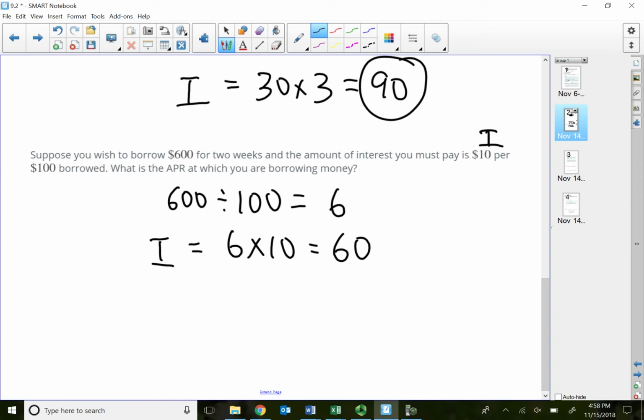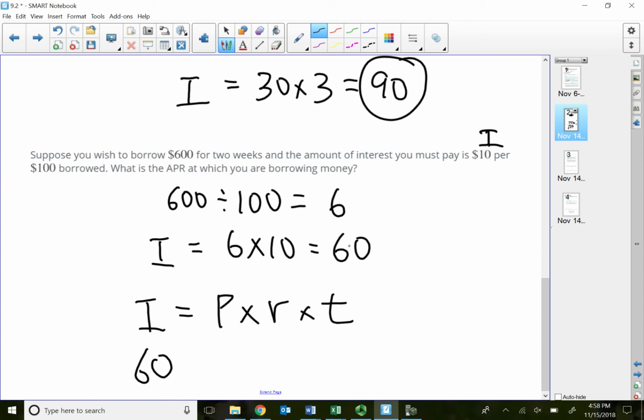All right. Now, the question is asking, what is the APR at which you borrow the money? So remember the formula, I equals principal times rate times time. So this rate R, right now I'm going to treat it the same as my APR. So my entire interest I that I owed for the $600 I borrowed is $60.